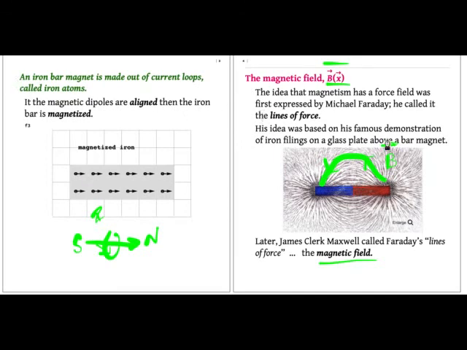Well, that's the magnetic field. How do we define it? How do we define it mathematically? I mean, this pictorial demonstration is interesting and potentially useful, but it's not mathematical. How do we define the mathematical function?